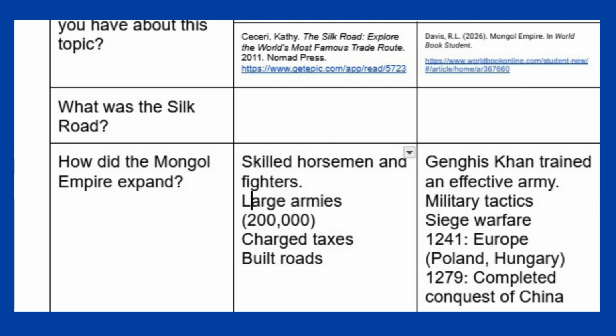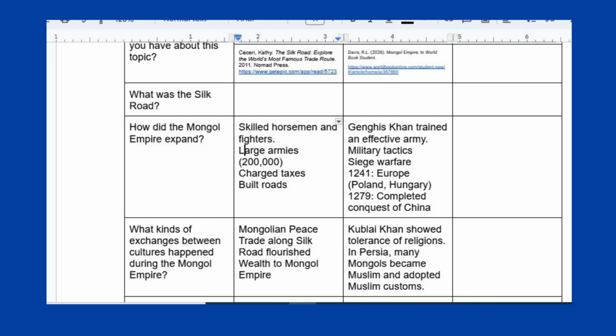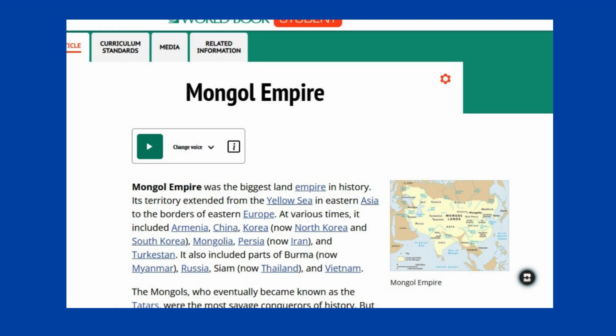So that is the middle row of the place where I'm recording information. So it would be the third box to the right from the left, and it's underneath the description of the World Book Encyclopedia article.